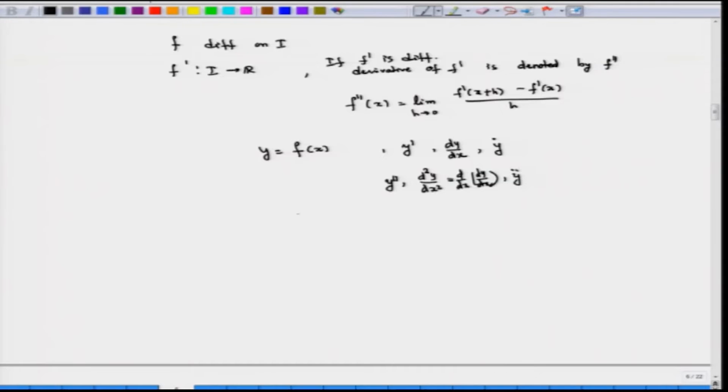So, in general we write f superscript n for the nth derivative of f, and d n y by d x n is equal to d by dx of the previous one.